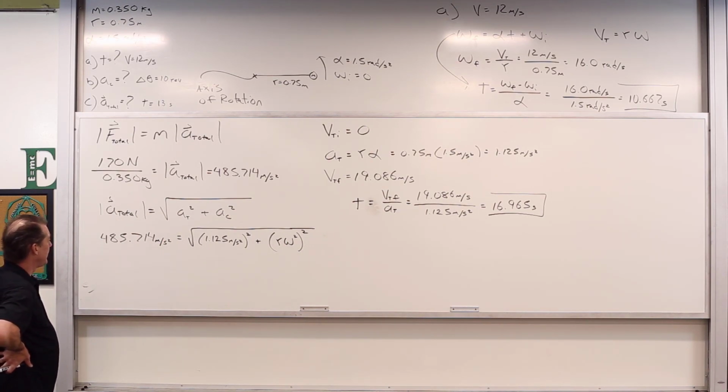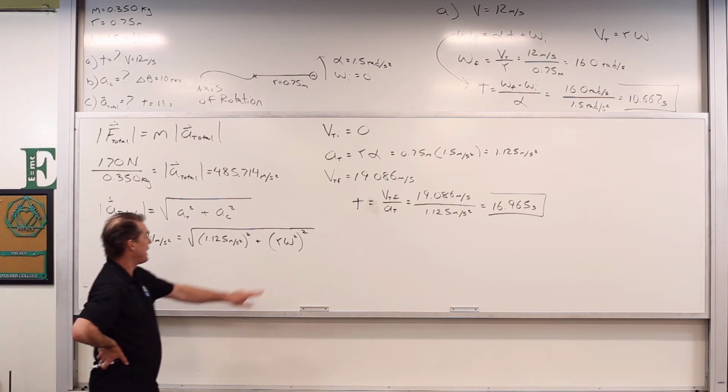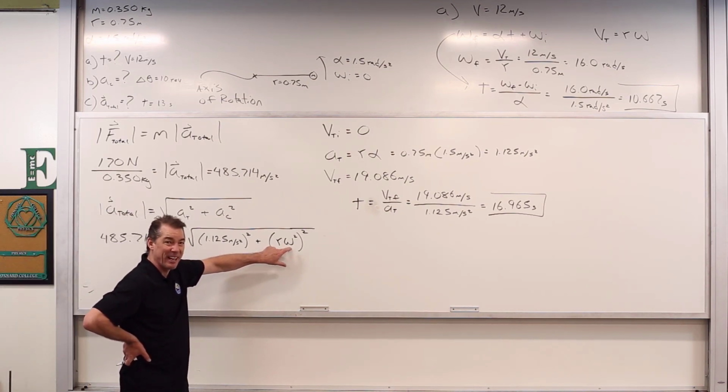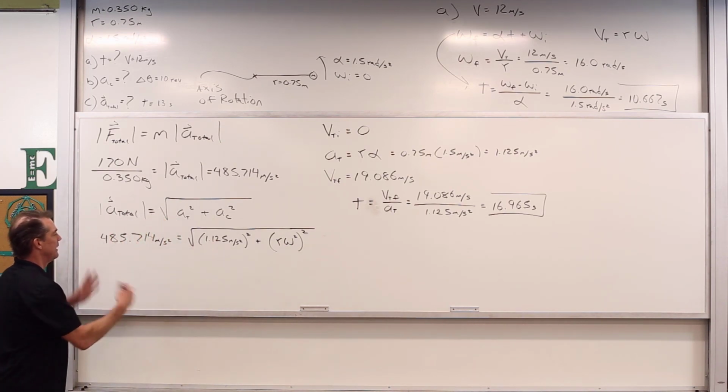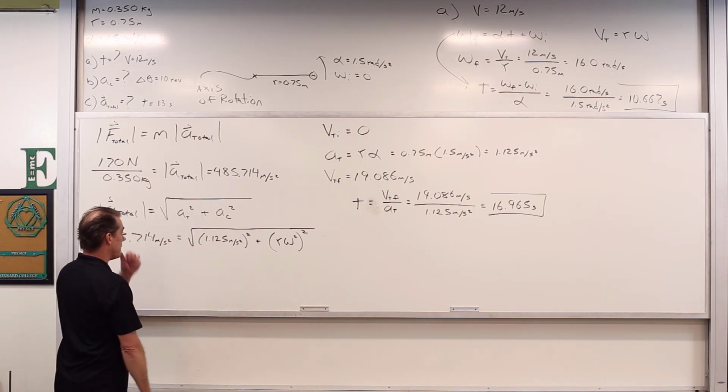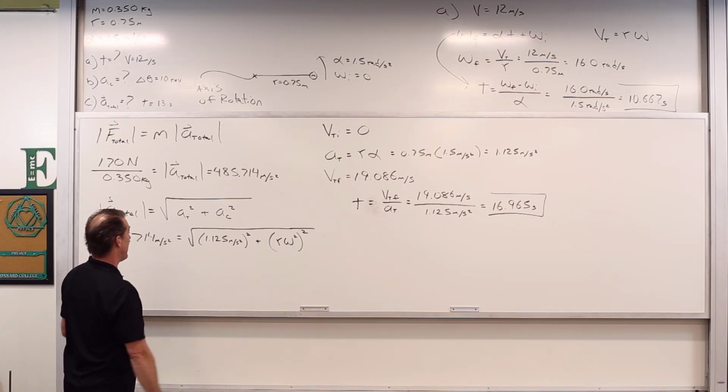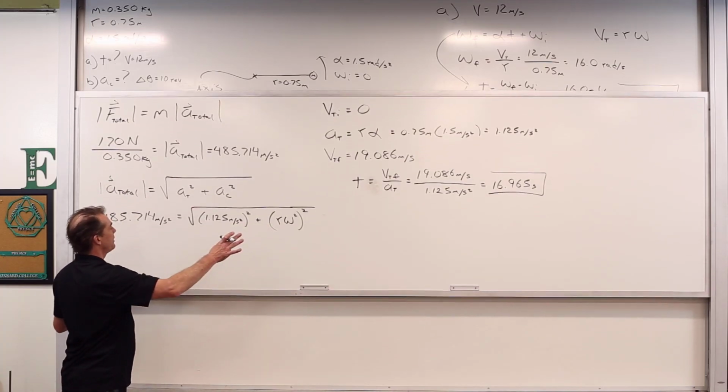Let us start trying to isolate this, because this is what has the time in it, right? Omega has the time variance. We want to isolate omega, and then we can figure out what time that omega is occurring at. So let us square both sides.